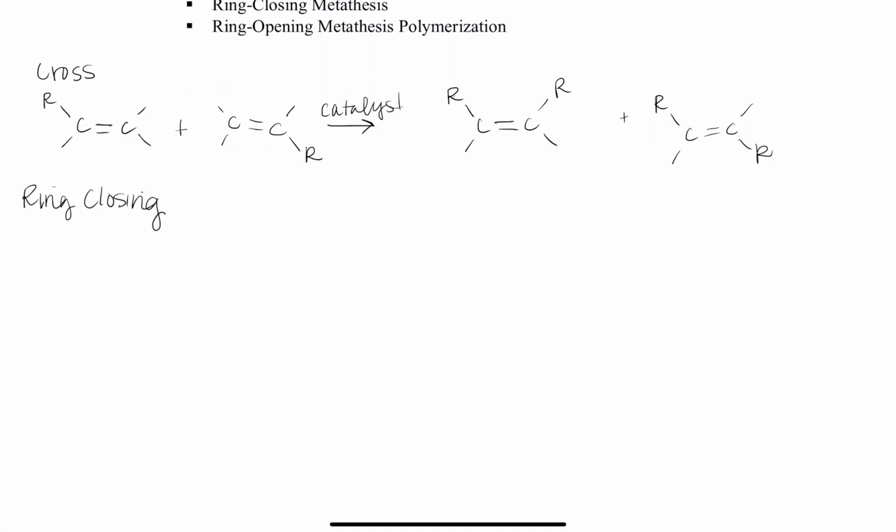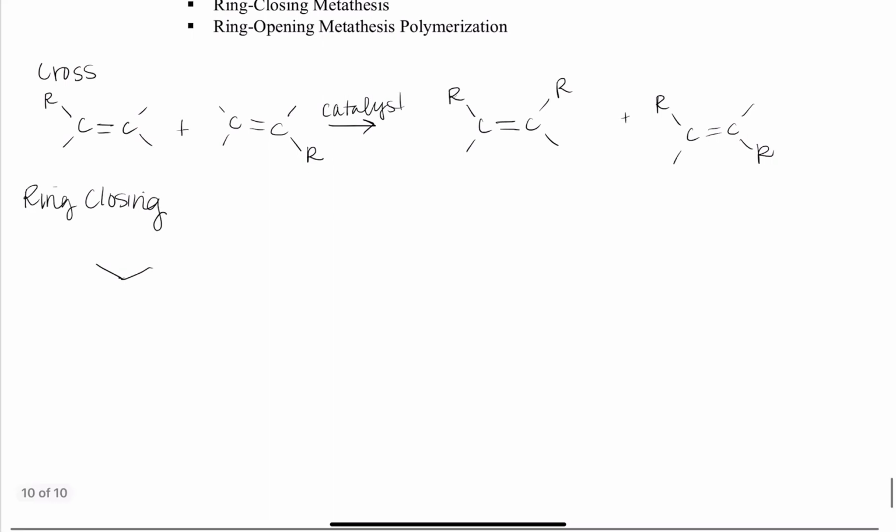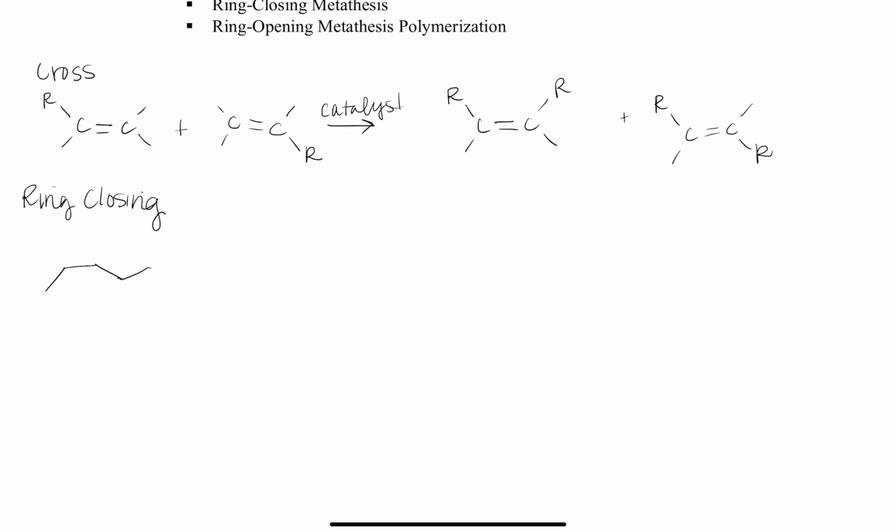I'm going to have to draw a heptagon, so bear with me. Okay. If we were to react this structure with the catalyst, we see that we have 1, 2, 3, 4, 5, 6, 7, 8, 9 carbons.